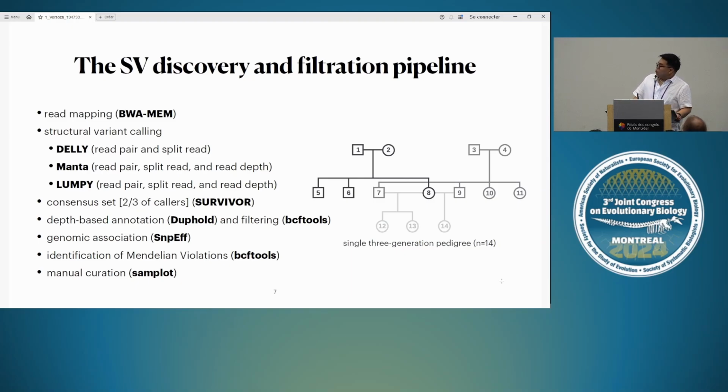Then we used Duphold to do depth-based annotation and filtering using BCFtools. As I mentioned before, there have been no releases with annotated genes, but fortunately we do. So we were able to look at the genomic association of where these structural variants lie. And lastly, we looked for Mendelian violations using BCFtools and then did manual curation using Samplot.